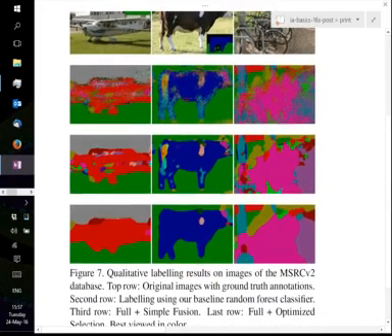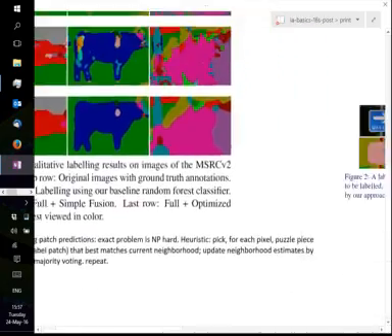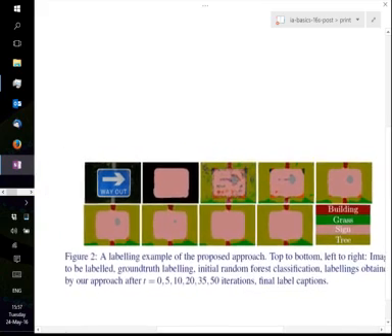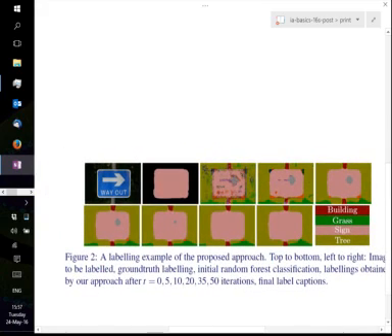And when I say iterate this, there is a second paper with some more details on this by the same authors. Essentially, this is the raw image, this is the ground truth, and this is the pixel level prediction, and you see that inside this traffic sign there are still some errors.